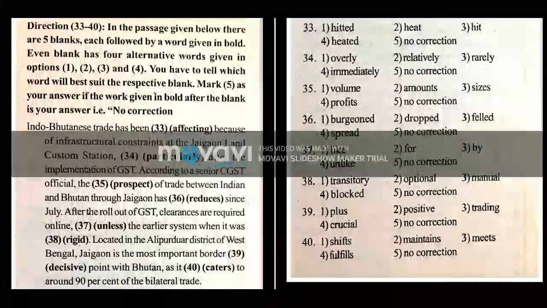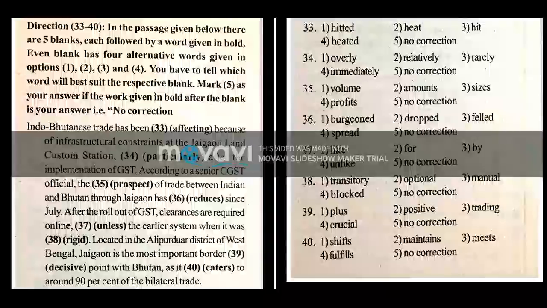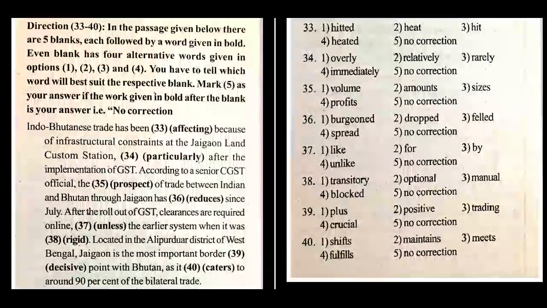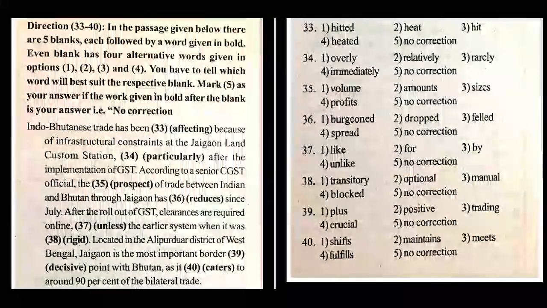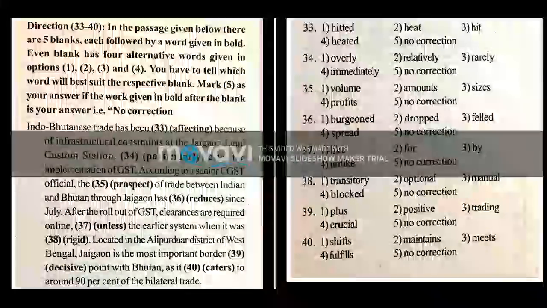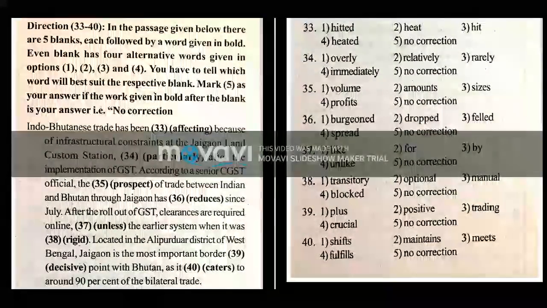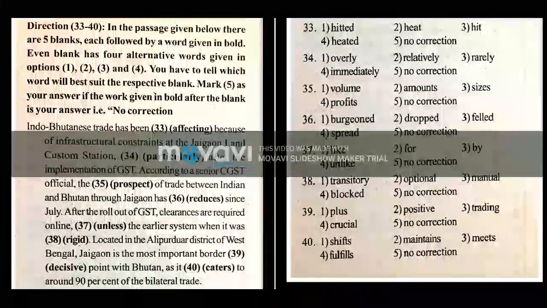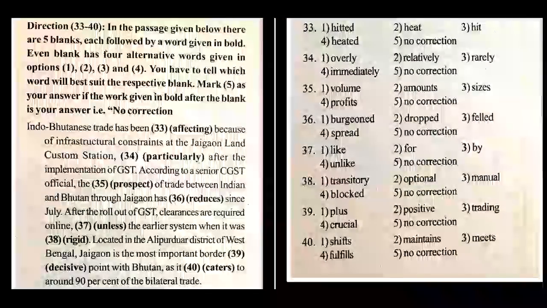Let me repeat again that we need a singular subject here, because just before option number 36, the helping verb has been mentioned, and the subject which will come in place of option number 35 should also be a singular subject. And keeping this in mind, amount, sizes and profits are eliminated.